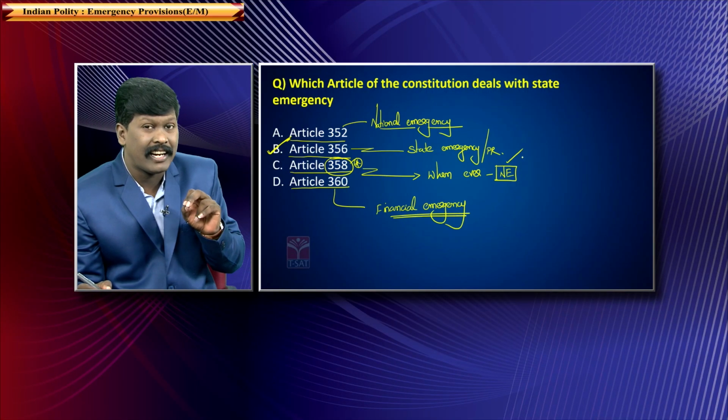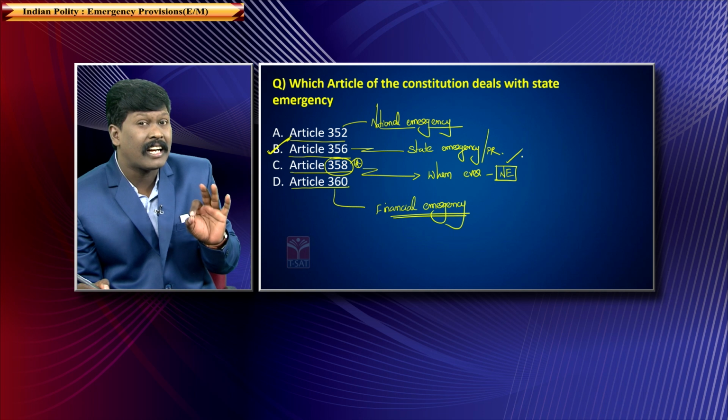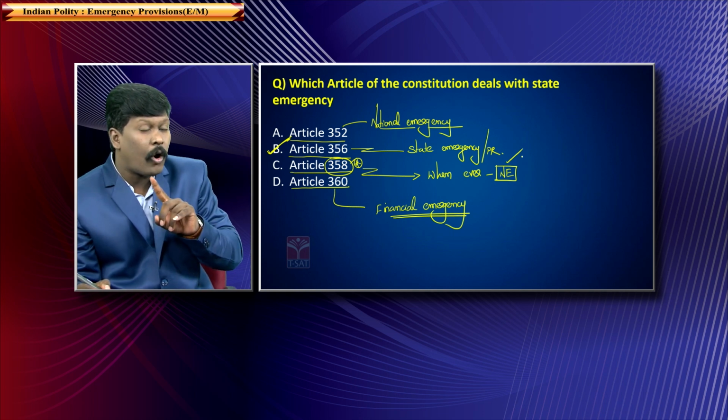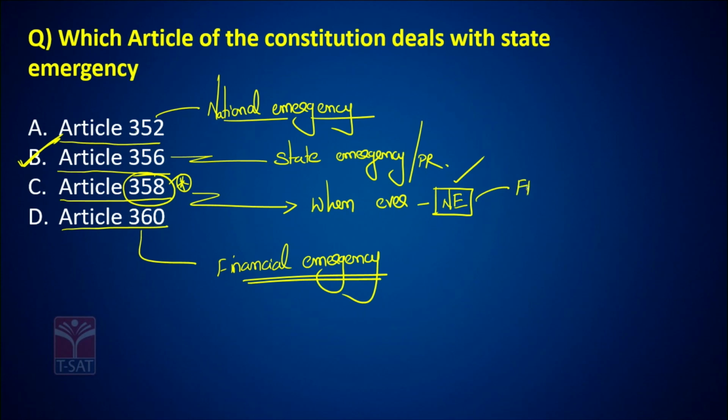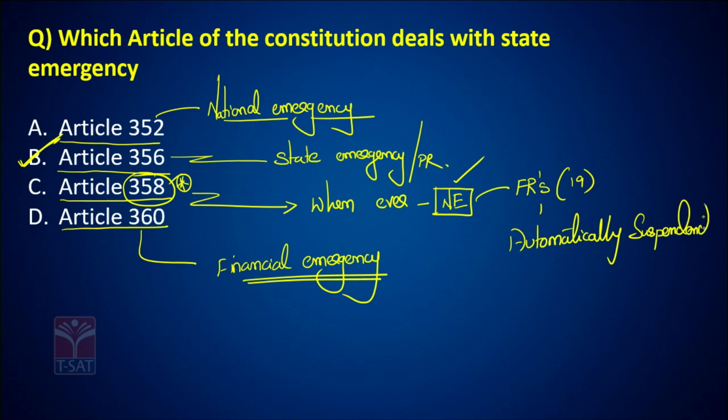fundamental right guaranteed under Article 19 is automatically suspended. Fundamental rights guaranteed under Article 19 is, see, this word is important, automatically suspended. Now, what is the meaning of Article 19 is automatically suspended?